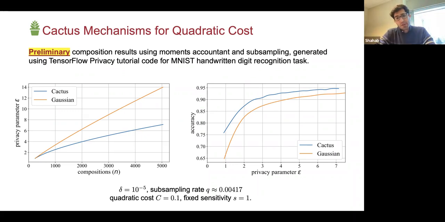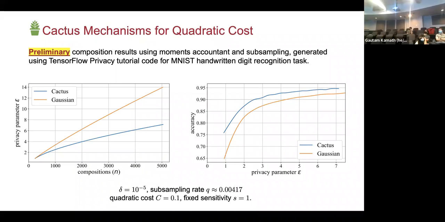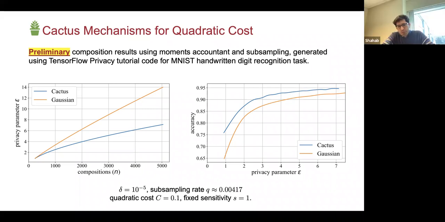Absolutely, that I agree. We haven't even done the CLT. All we did was basically the law of large numbers, so it was a first order approximation, even weaker than CLT. So that approximation is there. But if you look at the plot, with all those approximations, Cactus gives you something way better.